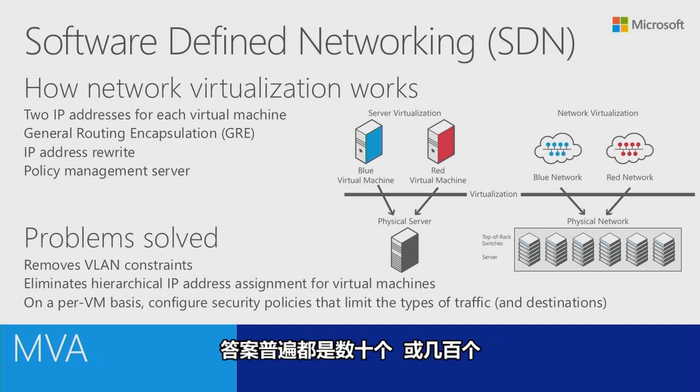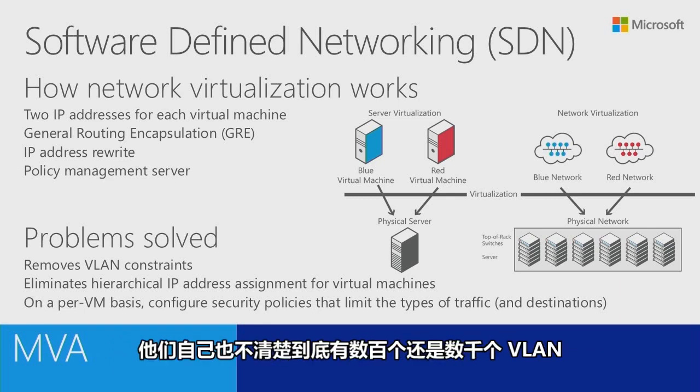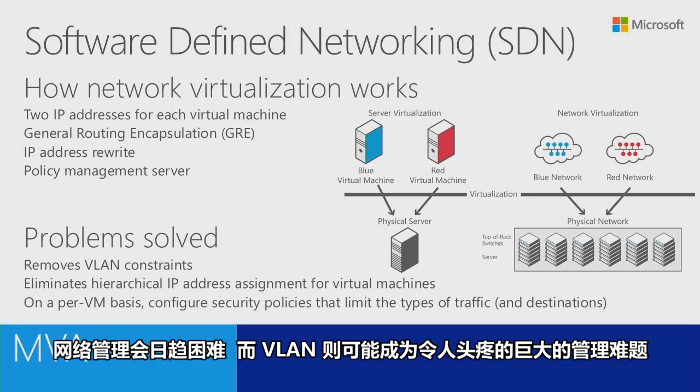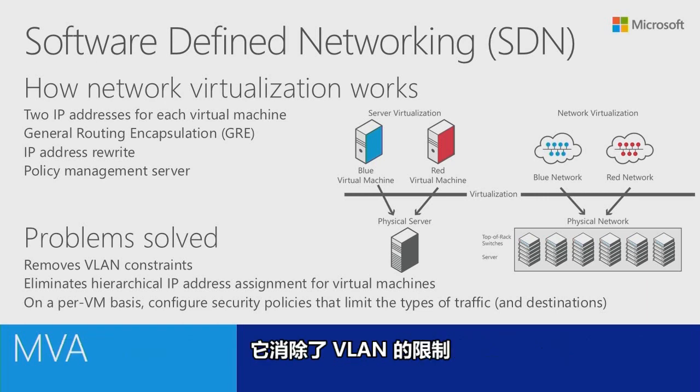Very commonly, the answer was dozens or hundreds, and one of them couldn't even tell me. They weren't sure if it was hundreds or thousands. As enterprises grow, network management can become difficult, and VLANs can become a huge management pain point. So this removes VLAN constraints.